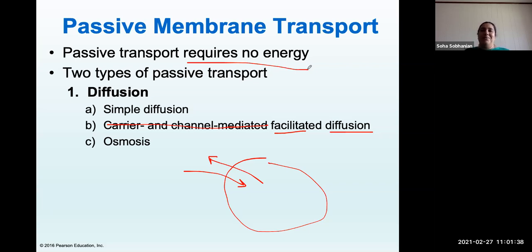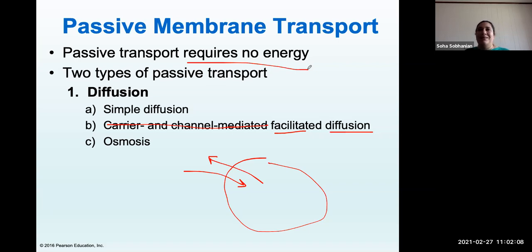Okay, awesome. Now, the third type that we have is called osmosis. So osmosis is simply diffusion of water. So I cannot, highlight this for yourself, I cannot use the word osmosis for anything other than diffusion of water, which means when my water moves from high to low, I'm gonna use the word osmosis.